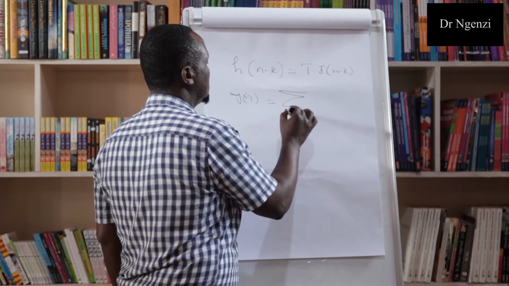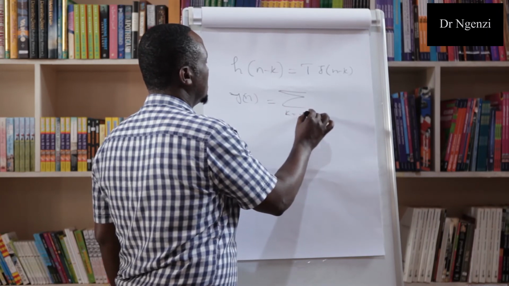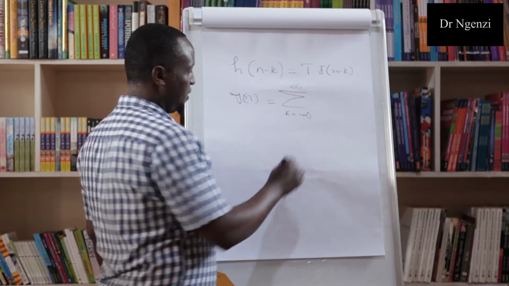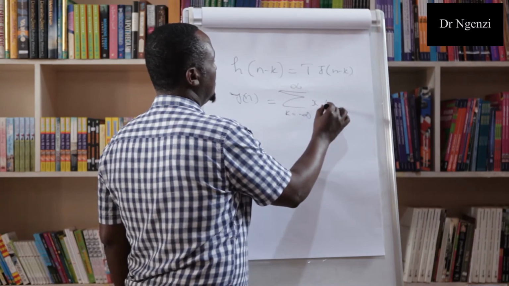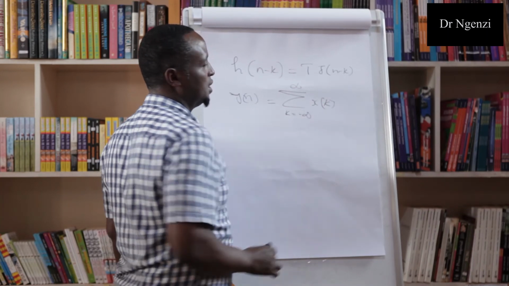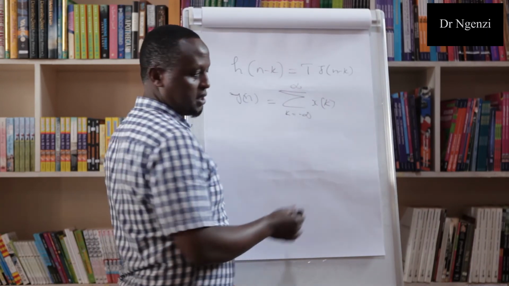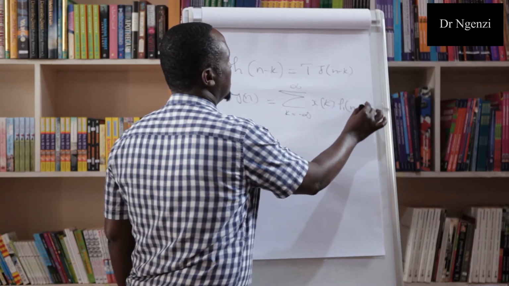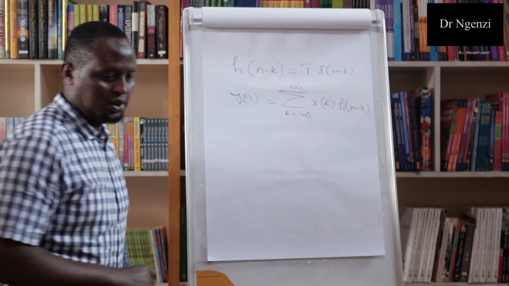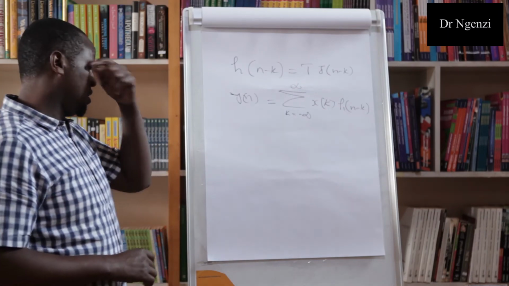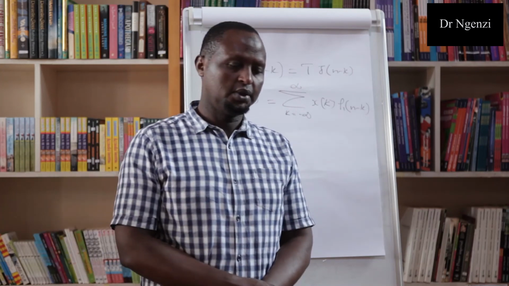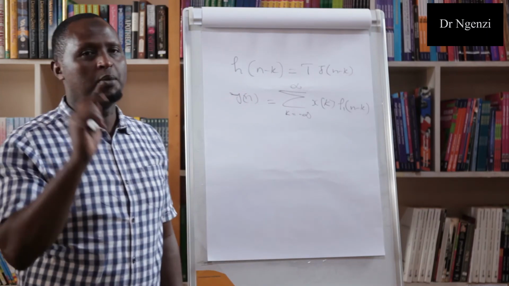This is a generalization over k, from negative infinity to infinity, of x of k, in this case putting the impulse response of n minus k. So this is very true, and this is a time response using impulse response. So that is number one.